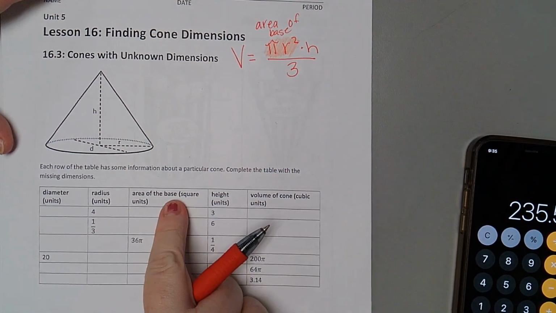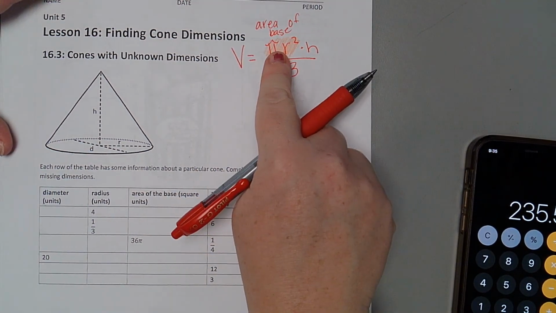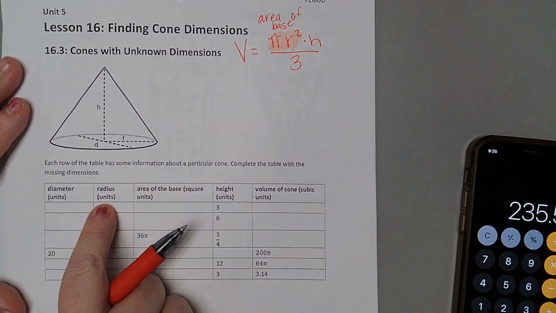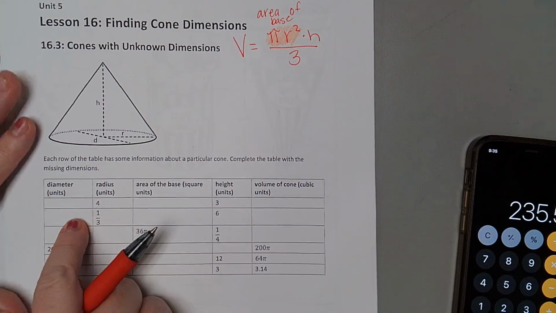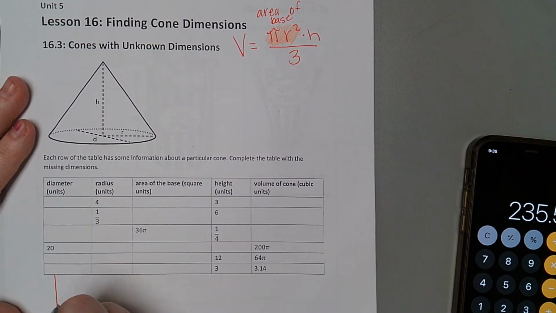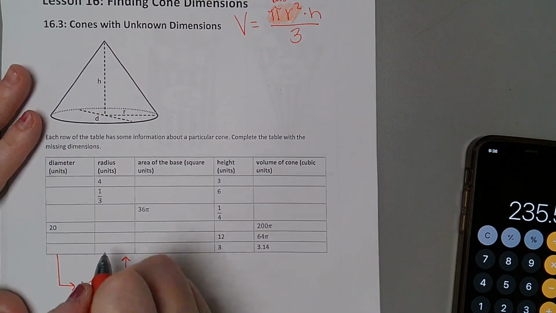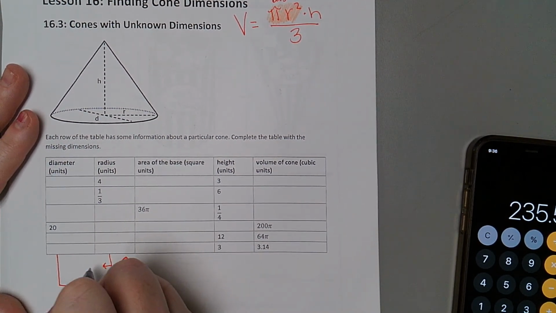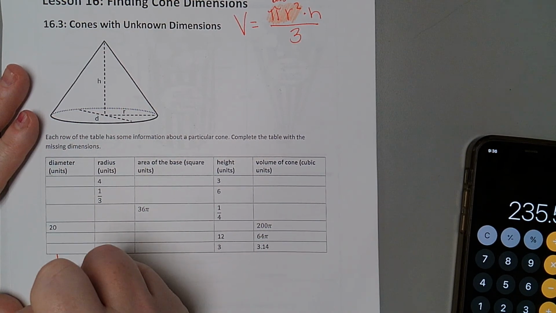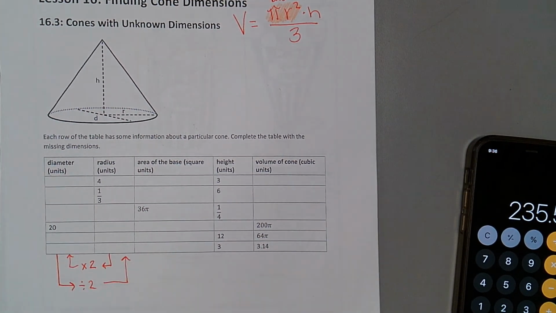So when it asks for it here, we know what it is. We also know the difference between radius and diameter. If you know your diameter, you divide it by 2 to figure out what your radius is. If you know your radius, you multiply it by 2 to figure out what your diameter is, because your radius is half the length of your diameter.